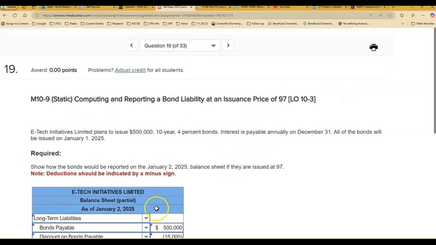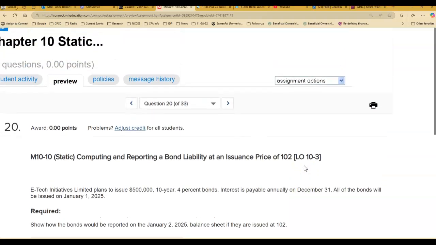In that situation, we had the same exact bonds, 10-year, 4% bonds, and we issued at 97. So what are the market rates doing? Are they higher, lower, or the same as 4%? They've got to be higher, right? Because our bond's not looking too good. We had to issue it at a discount. So now, in number 20, if we have the exact same situation, the only thing that's changed is they're issuing at 102.